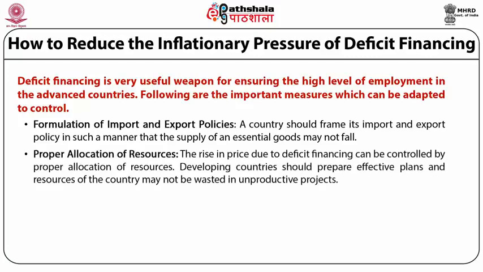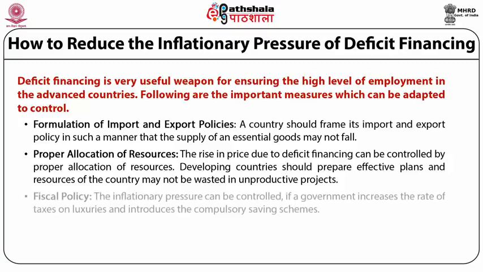The rise in price due to deficit financing can be controlled by proper allocation of resources. Developing countries should prepare effective plans, so that resources of the country may not be wasted in unproductive projects. Next is fiscal policy.